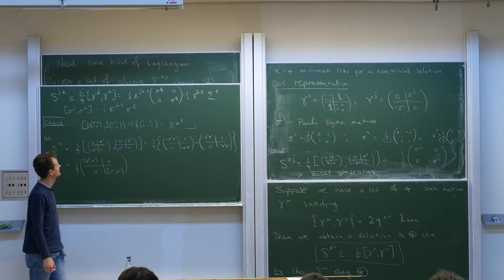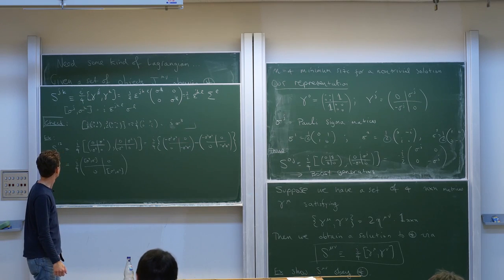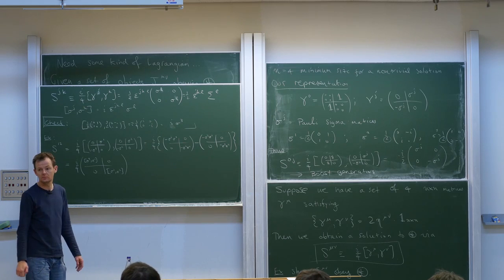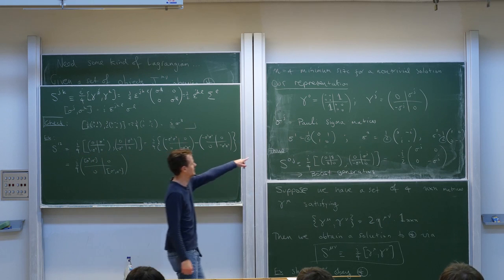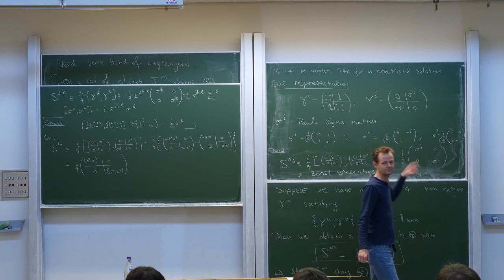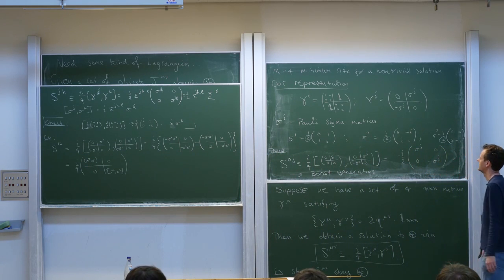Okay, so there's definitely a factor of 2 missing in the definition I've been using for the Pauli sigma matrices, which is annoying.